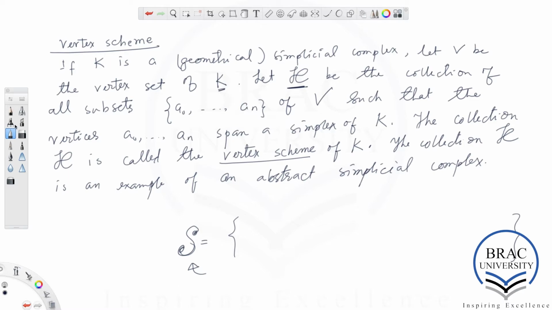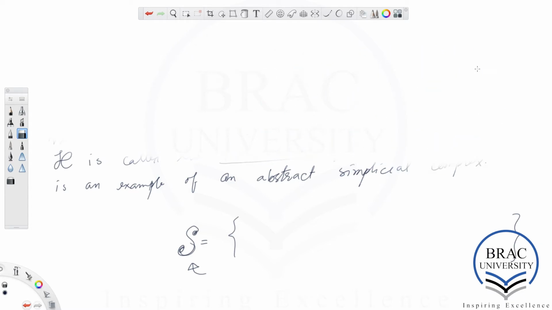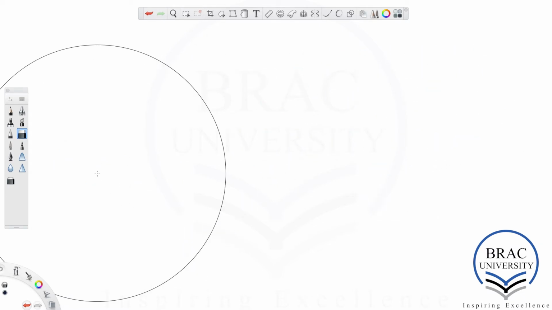Now we state our first theorem of this lecture without proving it. We emphasize the understanding of this statement rather than proving it.